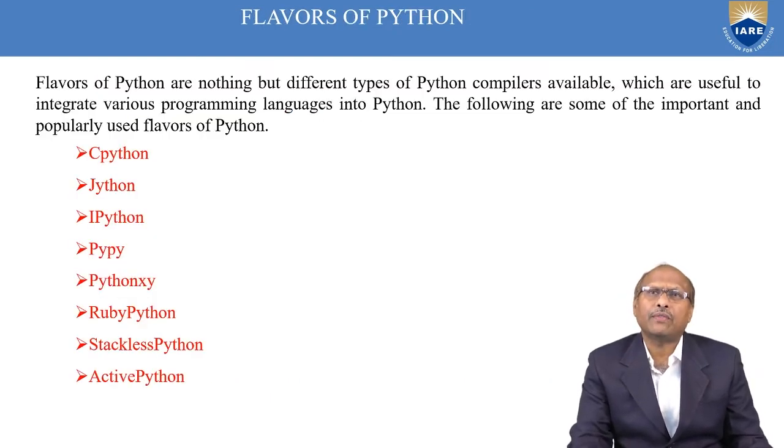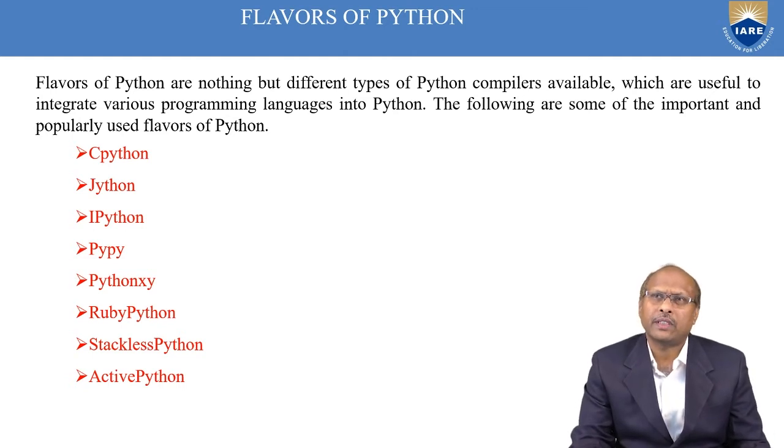There are different flavors of Python. Flavors of Python are nothing but different types of Python implementations which are useful to integrate with various programming languages into Python. So you can integrate Python with other applications also. The following are some of the important and popularly used flavors of Python.